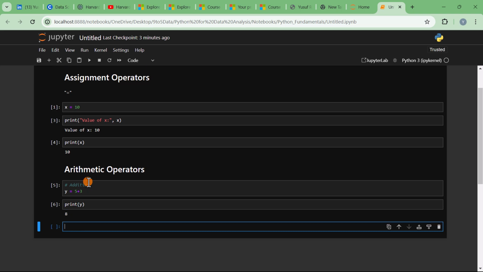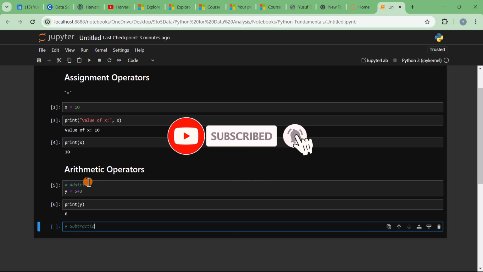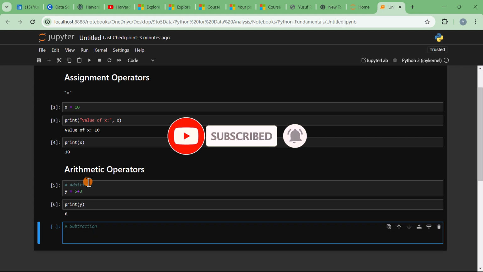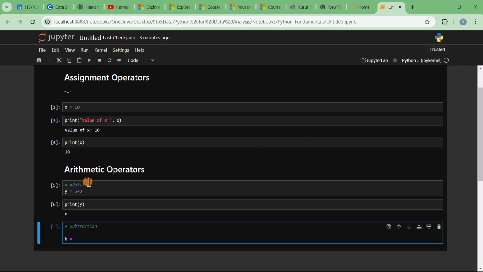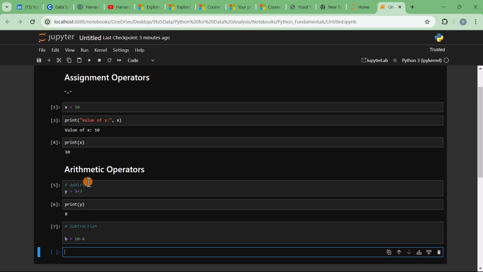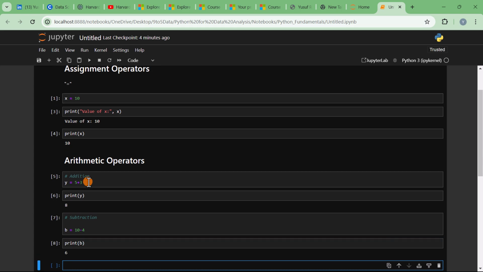So that is the addition operator. We also have the subtraction. We'll say b equals 10 minus 4, run that and print b. We get 6.